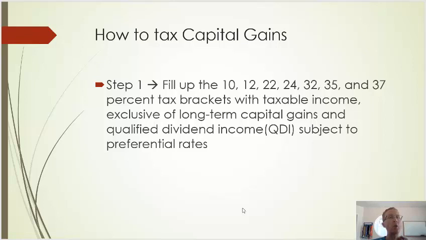Once you have that, then what you want to do is take your total taxable income and subtract out of it your preferential gain. 100% of your preferential gain, your long-term capital gain. So it could be the 0, 15, 20, the 25, or the 28. What you're going to be left with then is essentially your ordinary income.